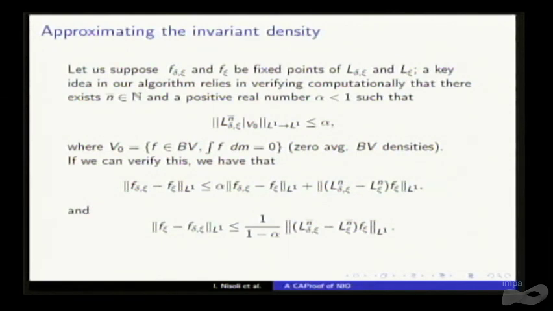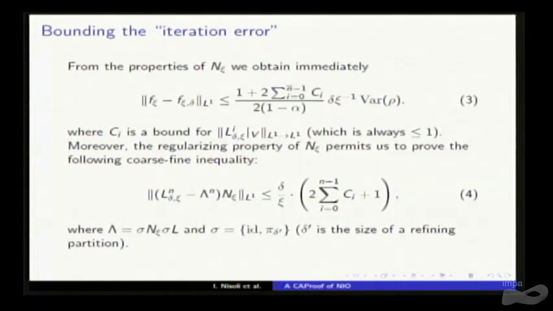When we have proved this, we can apply this simple inequality, and we can show that the distance between the stationary density of the system with noise and our computed stationary density is bounded by the difference between the iterations of the discretized operator and the non-discretized operator, and this difference can be bounded using bounds on the norm of the discretized operator.